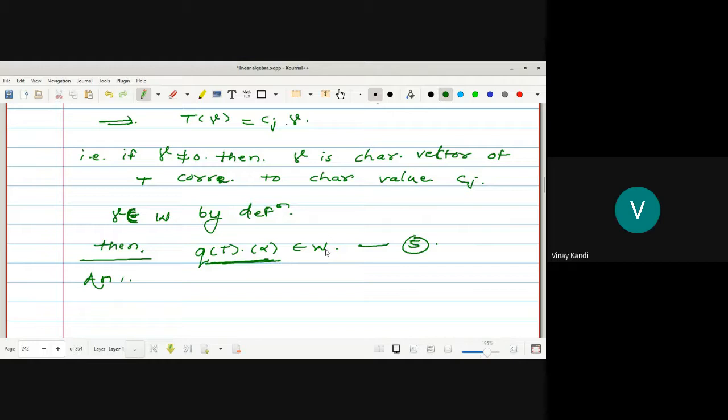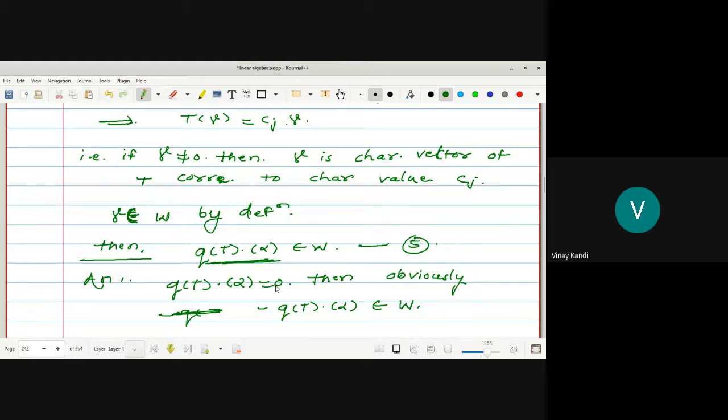And also suppose our value was 0 of alpha equal to 0. Then obviously the minus of Q of T of alpha, that's the negative part, belongs to W if G of T of alpha is equal to 0.